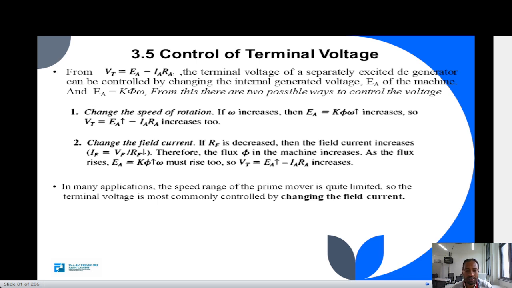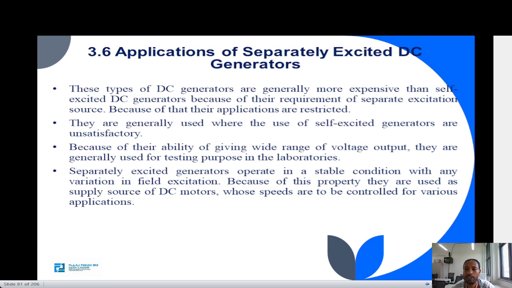This is the common practical method of terminal voltage control in a separately excited DC generator. How can we change the field current? By applying a variable field resistor, we control the current, which controls the flux, which controls the internal generated voltage, which controls the terminal voltage of our DC generator.